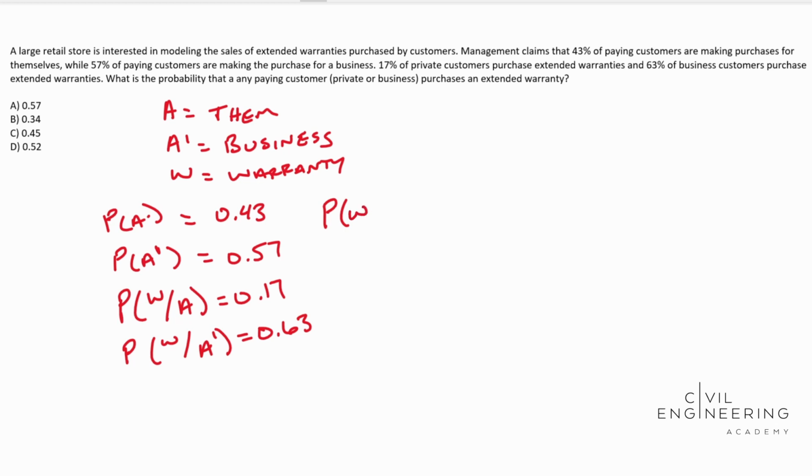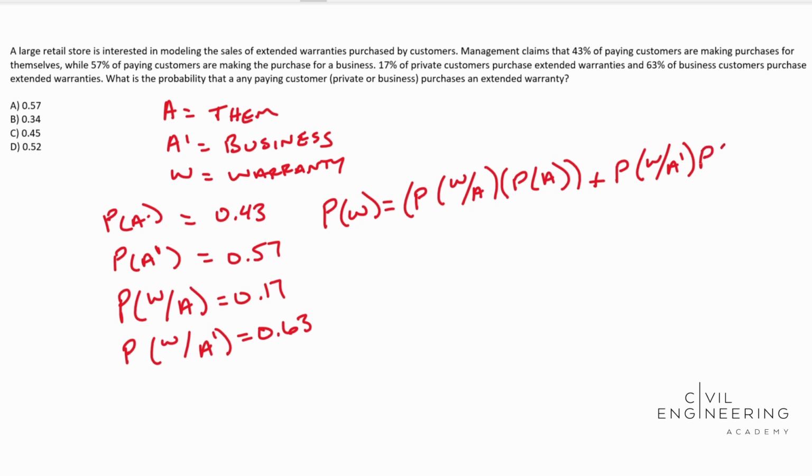So the problem wants us to solve for the probability of a warranty. Well, it's just a simple math problem. We're going to go probability of warranty for themselves times probability of themselves plus probability, you see where I'm going with this, warranty for a business times the probability of them purchasing for a business.